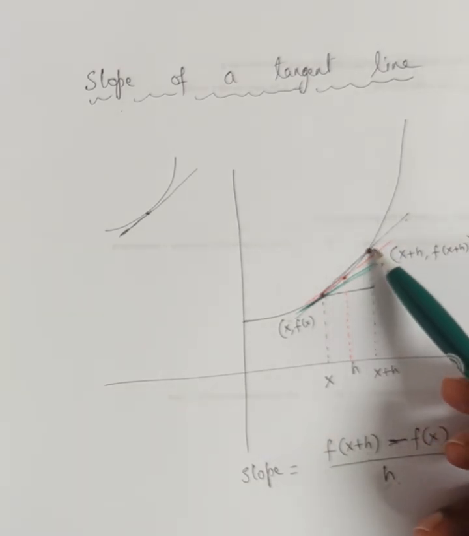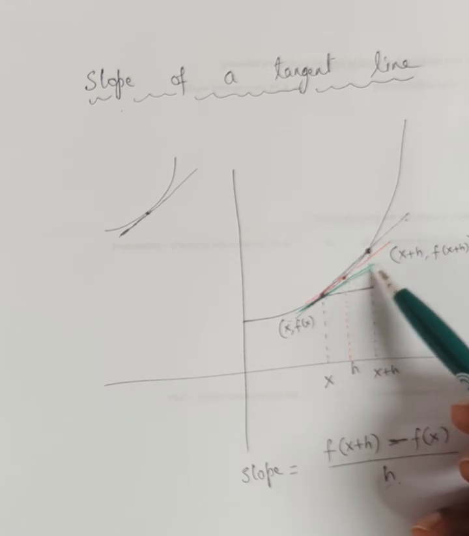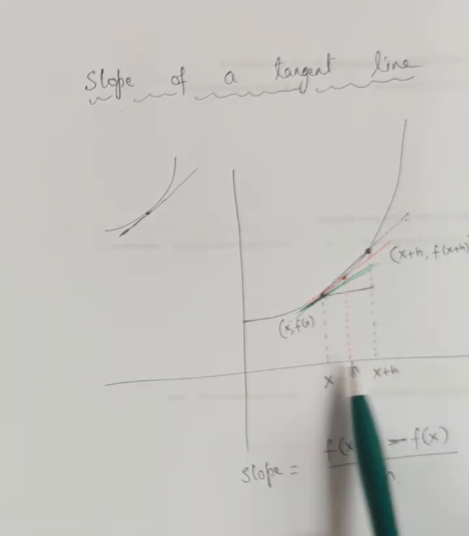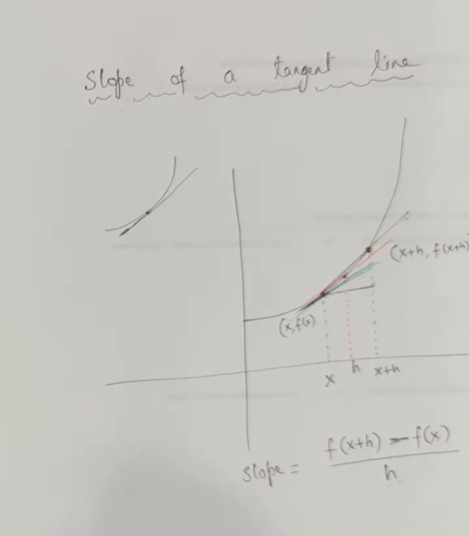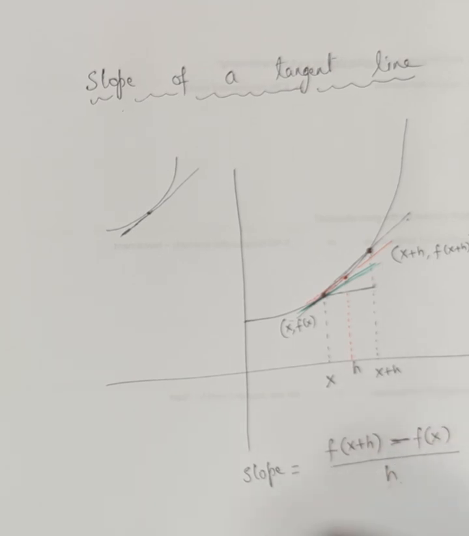Now, if we move the point closer and closer, meaning h is getting closer and closer to 0, so if I want slope of tangent line, then I'm considering the slope of the secant line, but this time I'm trying to get h as close to 0 as I want.